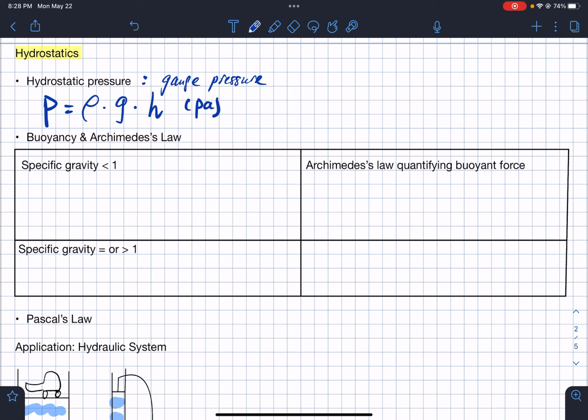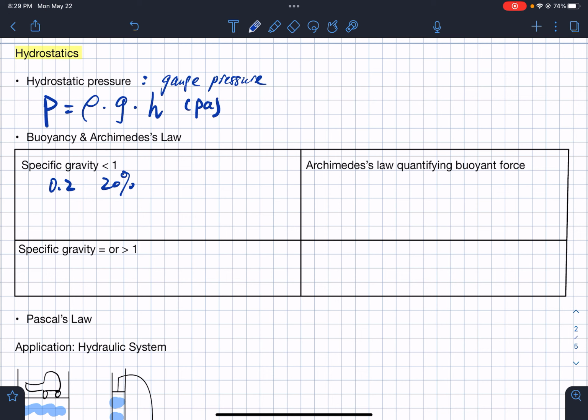So now, since I said partially submerged, you might want to ask, how much exactly does it submerge, right? To quantify that, the percentage of submersion actually equals the specific gravity times 100. Okay, what do I mean? To give a couple of examples, if an object has a specific gravity of 0.2, then 20% of this object will be submerged in water.